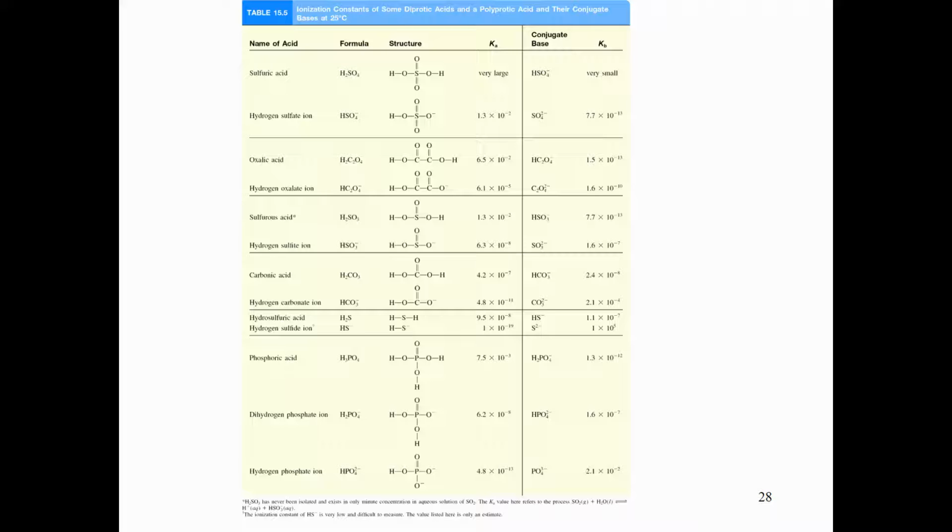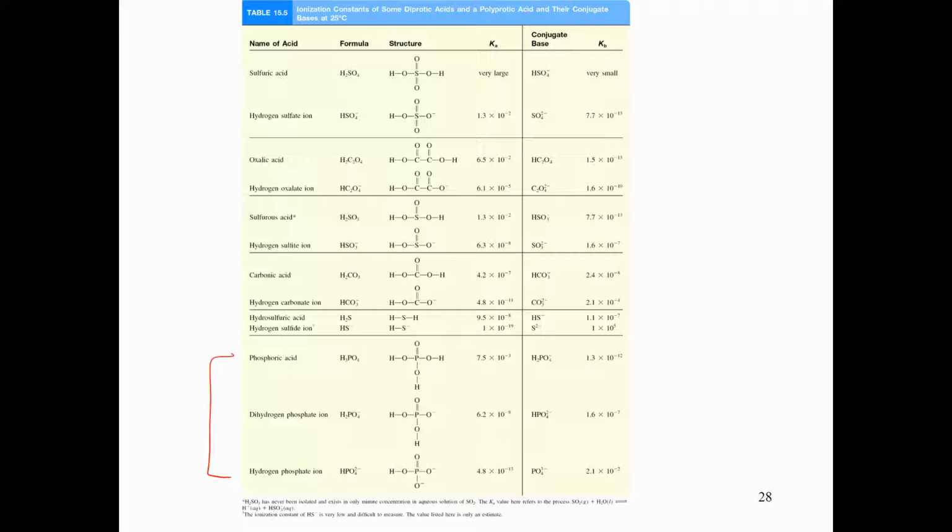So phosphoric acid, okay, phosphoric acid has 3 hydrogens, and each one will come off in a weak acid dissociation step. The first one you can see is 7.5 times 10 to the negative 3, okay. This one is 6.2 times 10 to the negative 8. You can't see it very well.